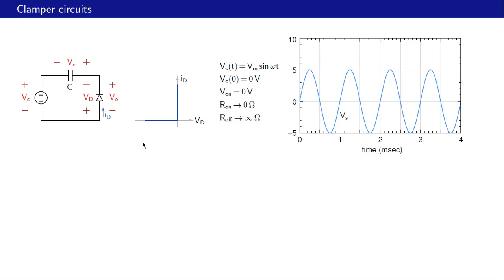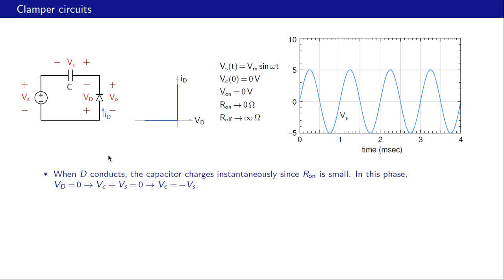Let's understand the operation of this circuit now. What we will do is make a few observations first and then look at the implications of those observations. First, when D conducts, the capacitor charges instantaneously since R on is small. That means the time constant, which is R on times C, is small.